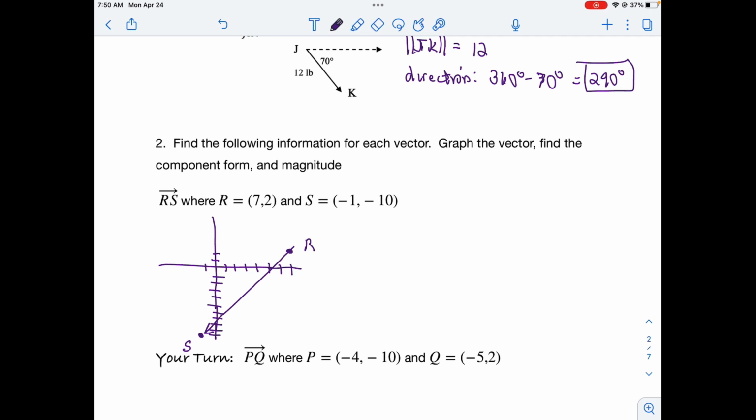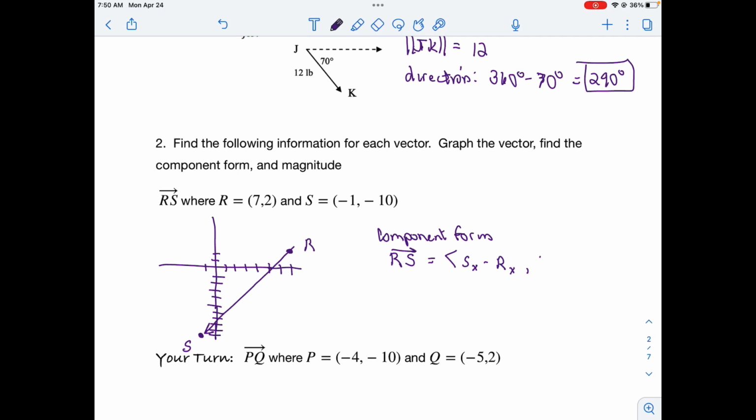Okay, now we're asked to find the component form of this vector. So remember, the component form of the vector is those angle brackets. Now we take our x2, the x of our terminal point, so that would be the x for the S point, minus the x for the R point.